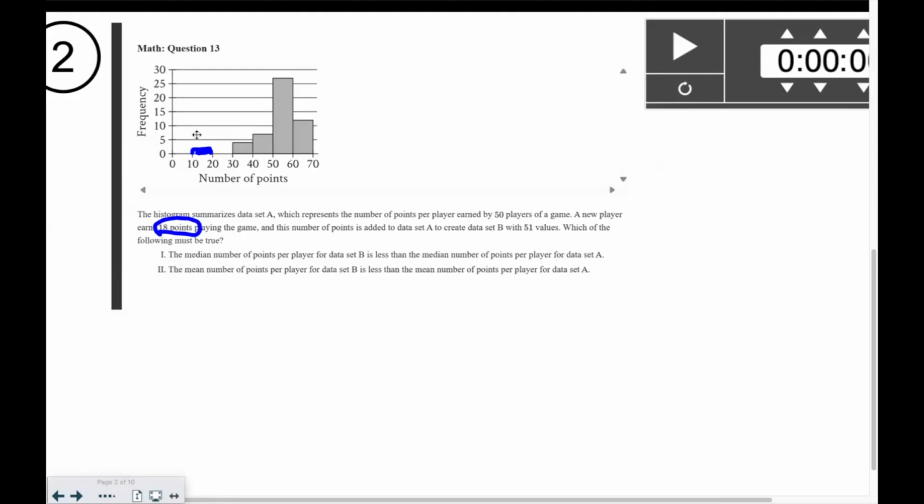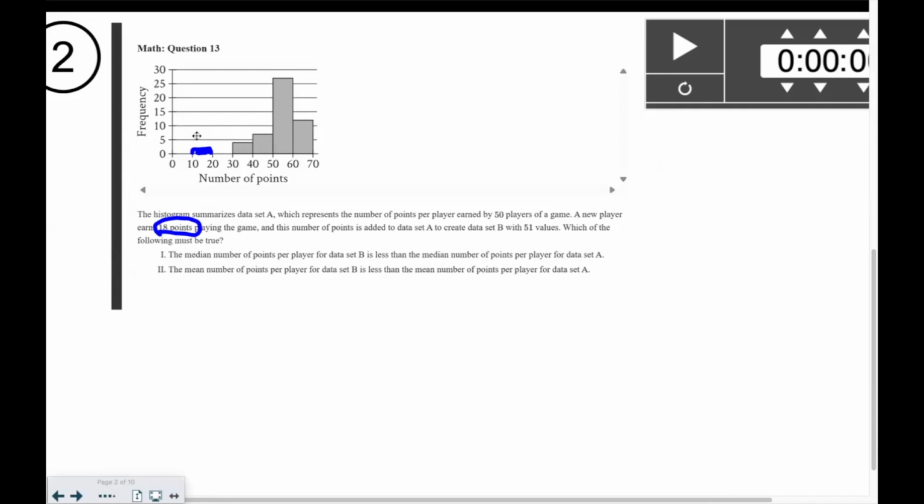What that is definitely going to do at all times is pull the mean closer to it. If you add a number that is smaller than the mean, it'll lower the mean, and if you add a number larger than the mean, it'll move the mean up.